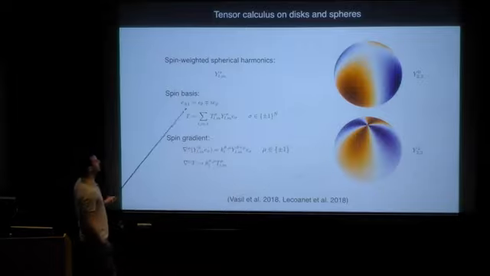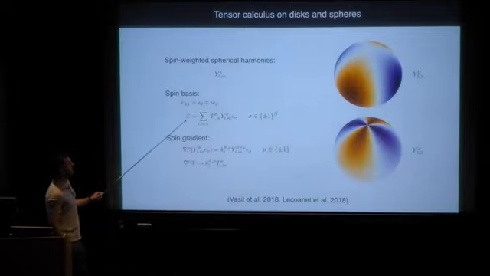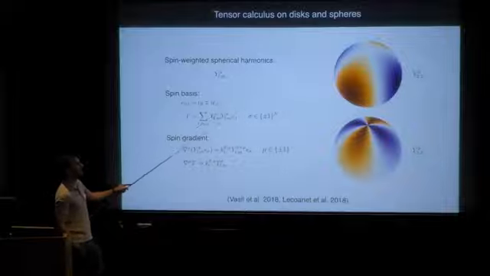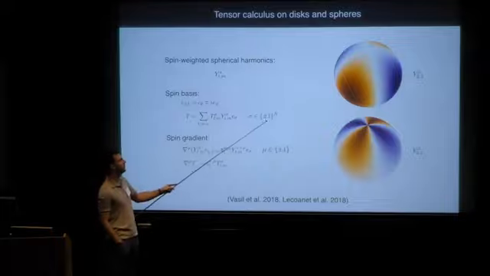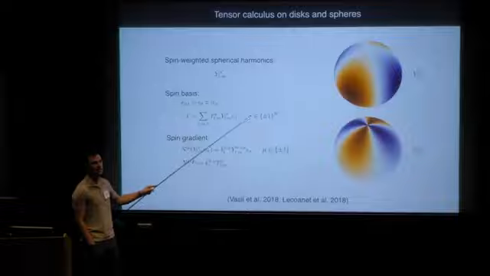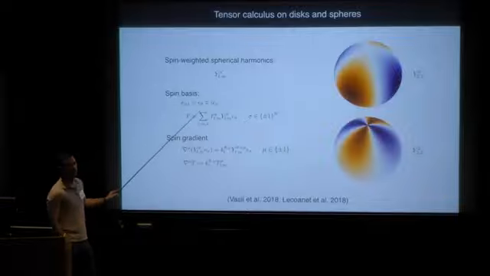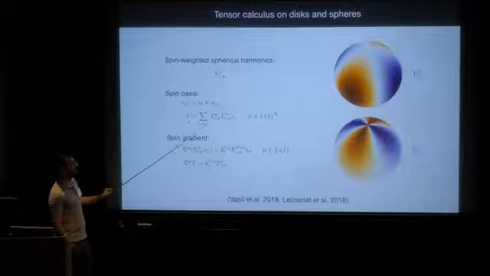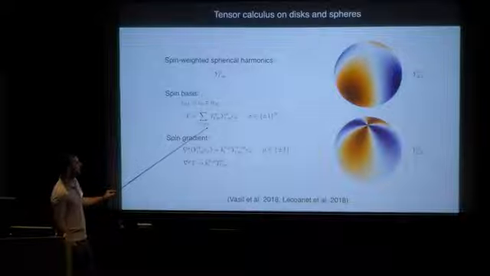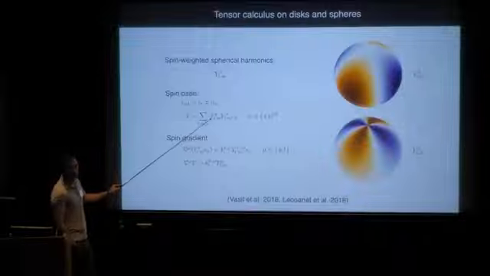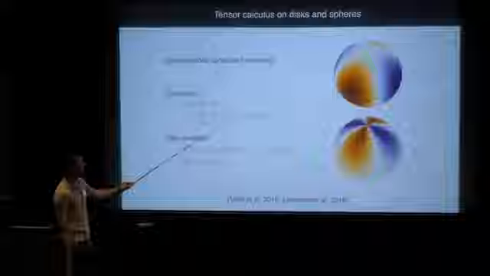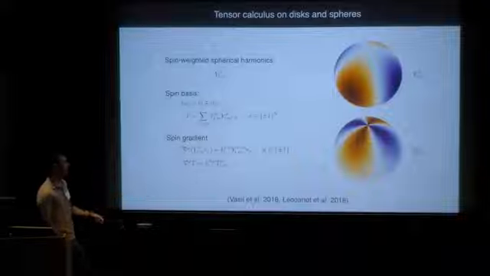So if I have a general tensor field T, so this is a general order tensor, sigma here is like a multi-index made up of plus or minus ones, where these indices are a recombination of the standard theta and phi indices. I can represent an arbitrary tensor as a sum over L and M, so again, the standard spherical harmonic quantum numbers, and a sum over all of the multi-indices of just numbers here. These are my coefficients, and then these are my spin-weighted spherical harmonics.